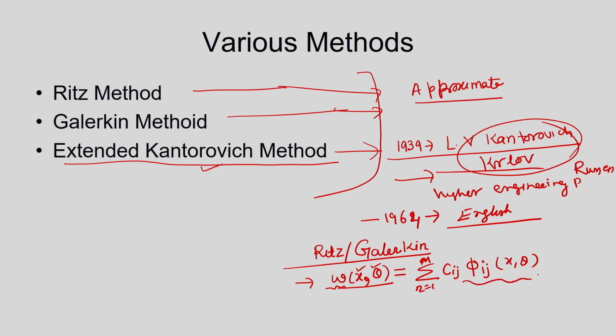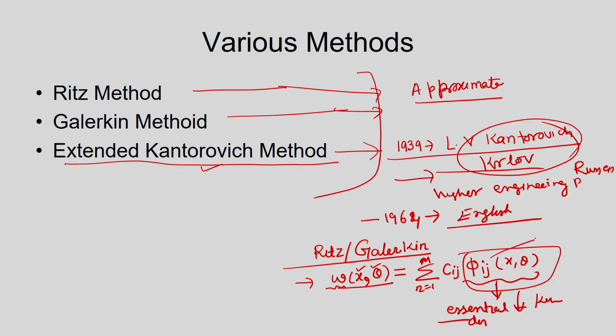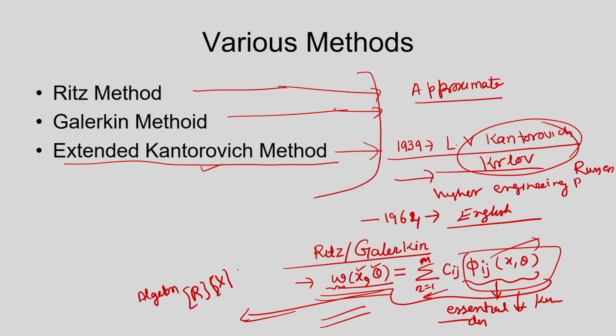Here, this function phi_ij needs to satisfy the essential boundary conditions. Essential means the kinematic or displacement boundary conditions. If the shell is simply supported, clamped or free, phi_ij should satisfy those boundary conditions. Then we can substitute into the weak form and solve. Ultimately, the Ritz and Galerkin equations lead to an algebraic equation like Rx = C.